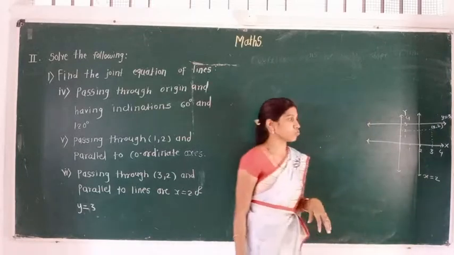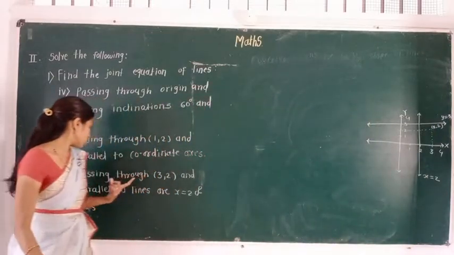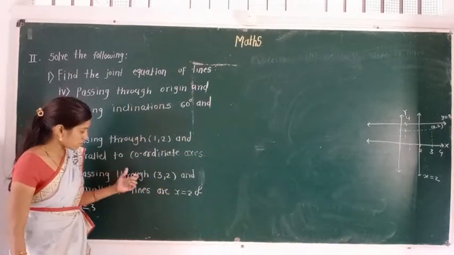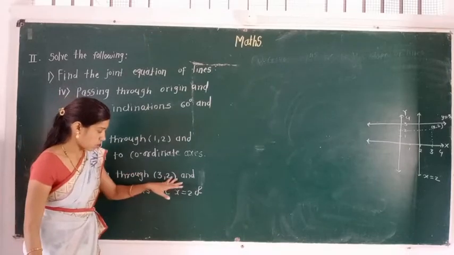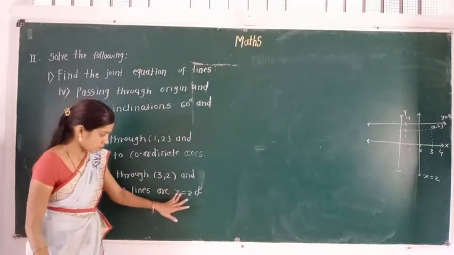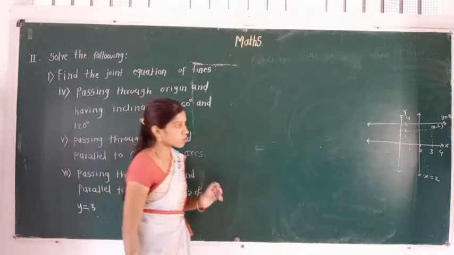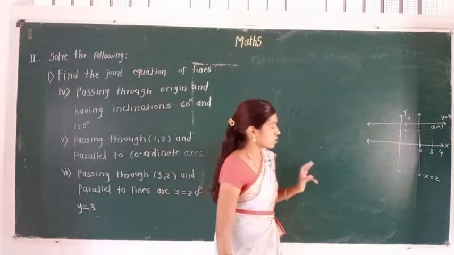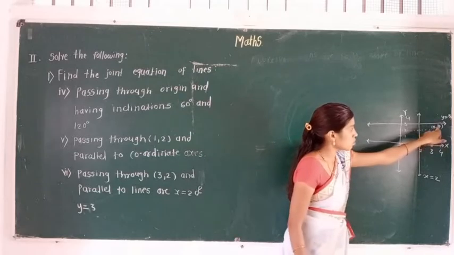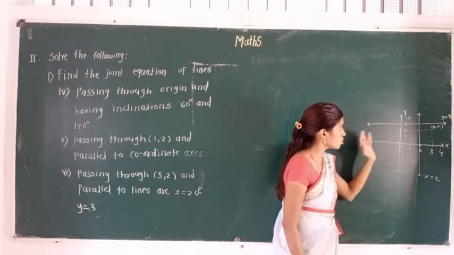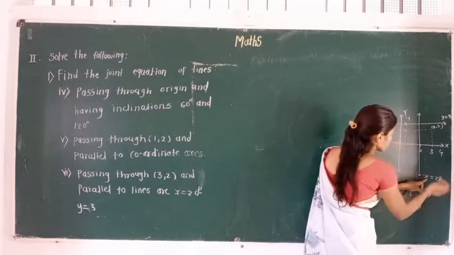Okay, so see here. Our question is lines passing through (3, 2) and parallel to the lines x is equal to 2 and y is equal to 3. First of all, we draw the first line. This line is passing through the point (3, 2) but parallel to the line x is equal to 2.